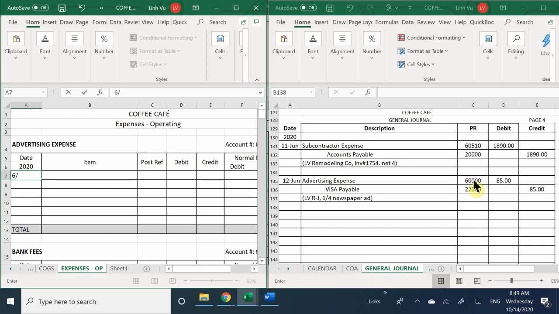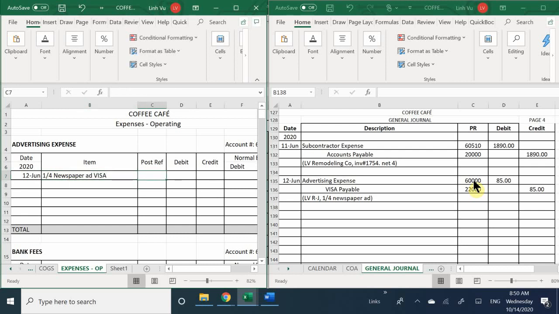So 612, right? Any other details you could also write here, same thing: 1/4 newspaper ad. And you could also write here that you paid with a Visa.